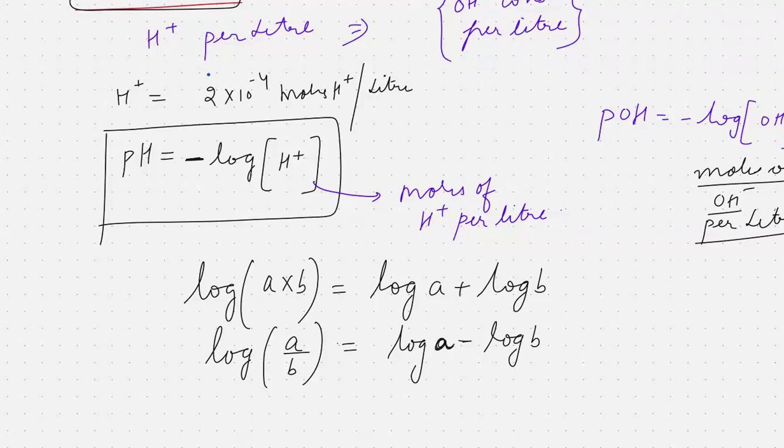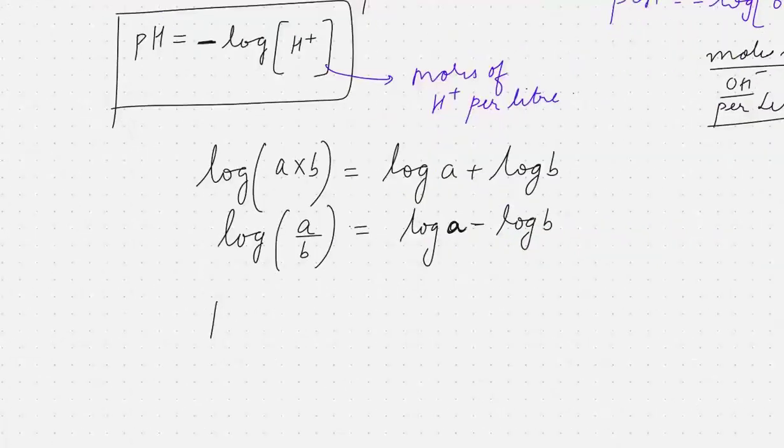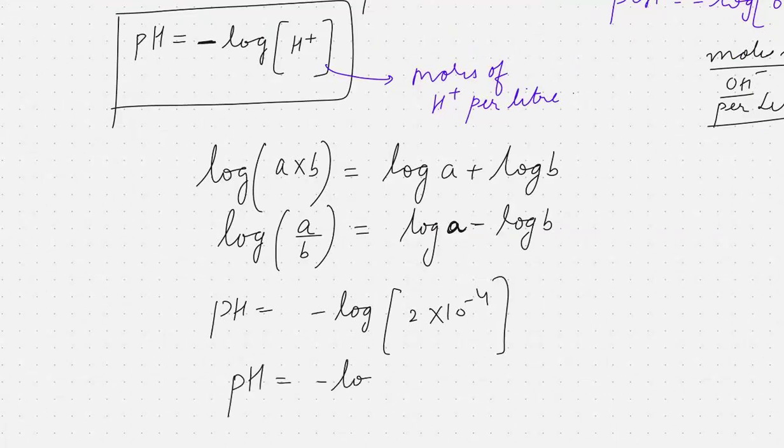Got the point? So now if you have to calculate the pH given the data, you will have minus times log of 2 into 10 raised to power minus 4. So this pH basically becomes minus times log of, so minus you keep outside. This becomes log 2 plus log 10 raised to power minus 4.